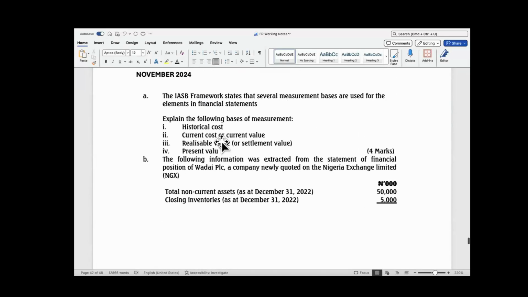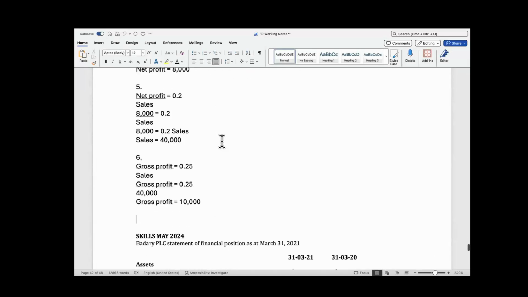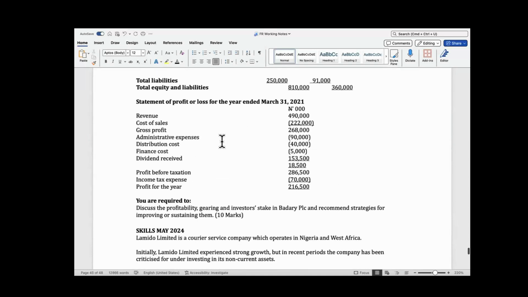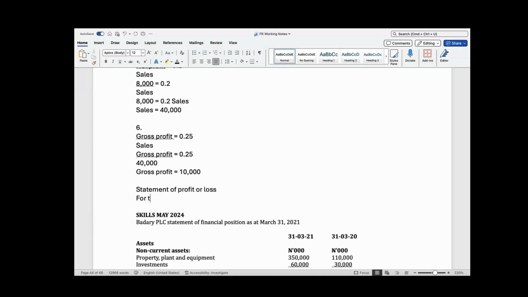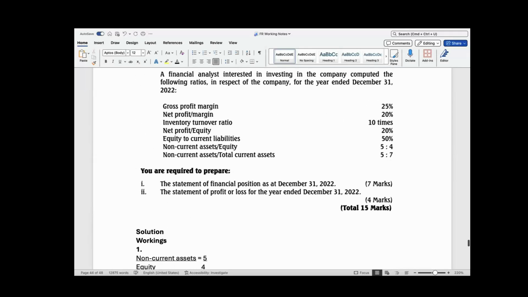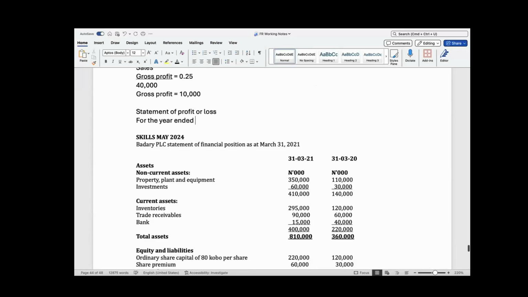So from here, for this company, what's the name? They didn't tell us. Okay. For this company, I can easily prepare a statement of profit or loss for the year ended December 31st, 2022.